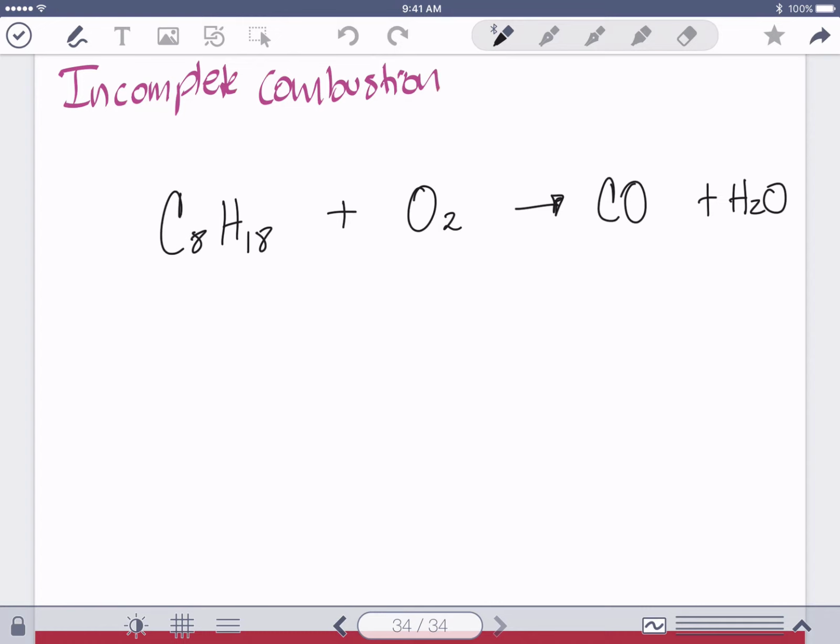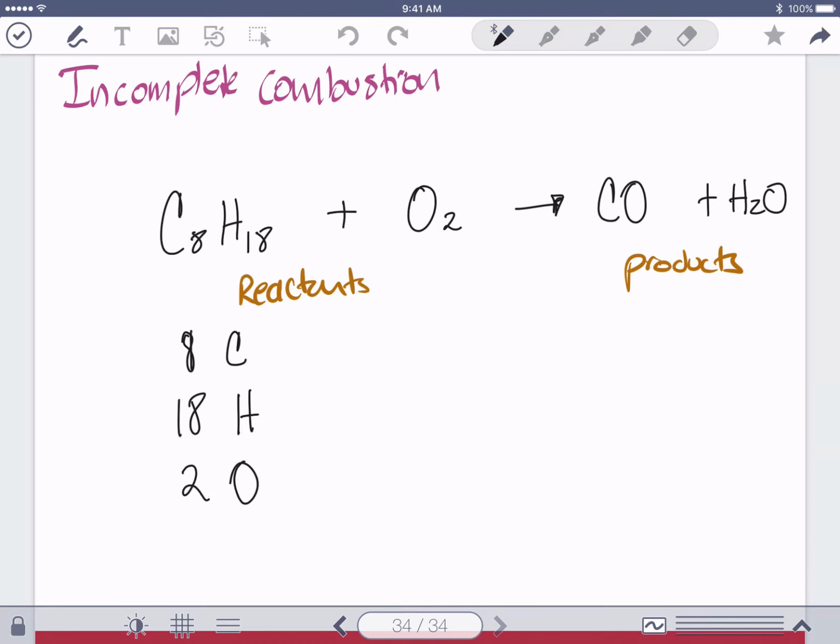So in this incomplete combustion, we need to first look at balancing this equation. So we can go about and say that in my reactants, I have 8 atoms of carbon, 18 atoms of hydrogen, and 2 atoms of oxygen.